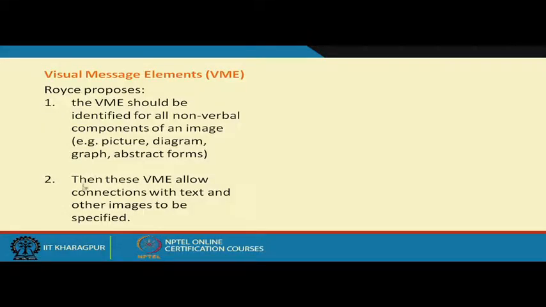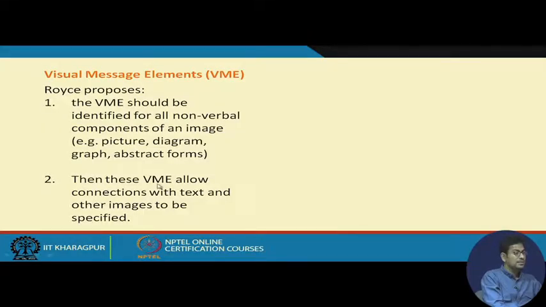In an image you will find chunks of visuals which are conveying some kind of message. These in short are called visual message elements. First thing is you identify these visual message elements and you try to identify the relationship between these visual message elements. So, all your denotation, Gestalt's law, all of these mental models will help you understand the connection between these visual message elements. That is the first step, and let us look at the second step.